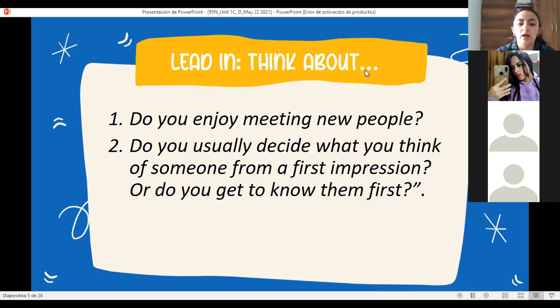It means when you see a person for the first time, do you decide if you like that person or don't like that person? Or maybe do you get to know them first? It means that probably you're not going to make any judgment at the first time, but you are giving yourself the time to get to know the other person you are meeting for the first time.